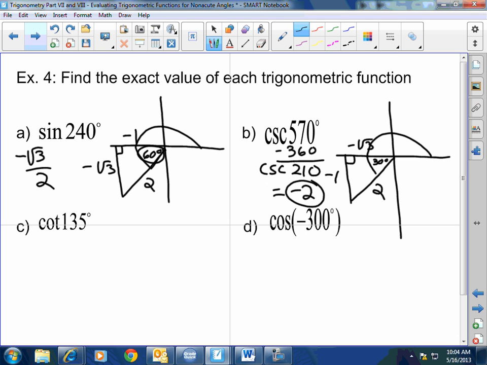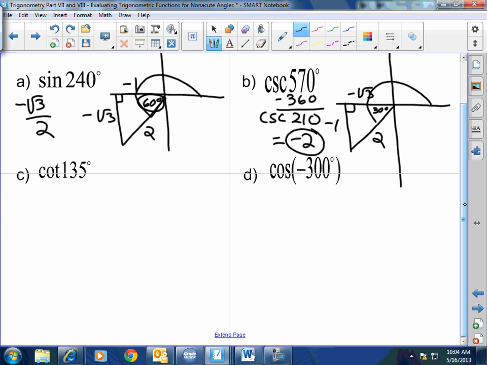Now, what happens if I give you something like 307? Am I going to be able to get a reference angle that I know? What do you do there? Calculator. Done. Very good question. Okay, I gotta fly here. Cotangent of 135. I'm going to go 90 plus 45, right?